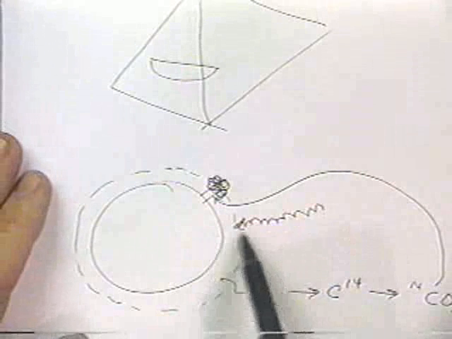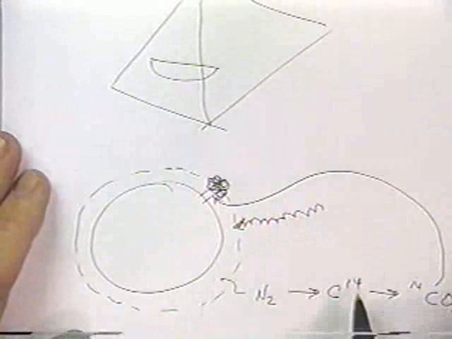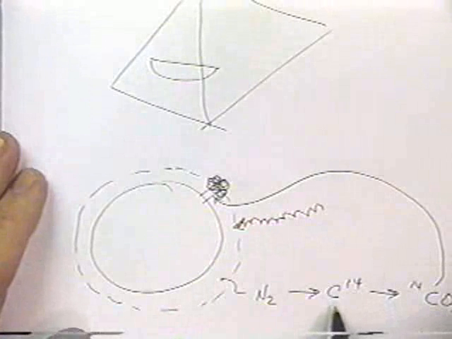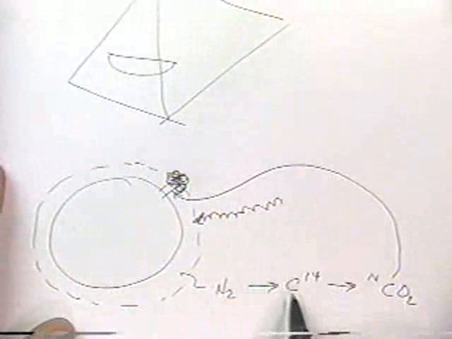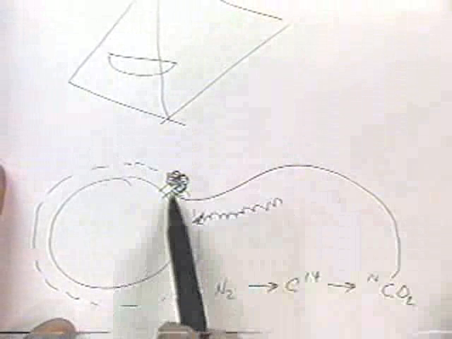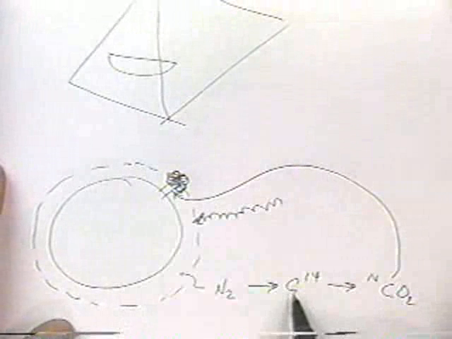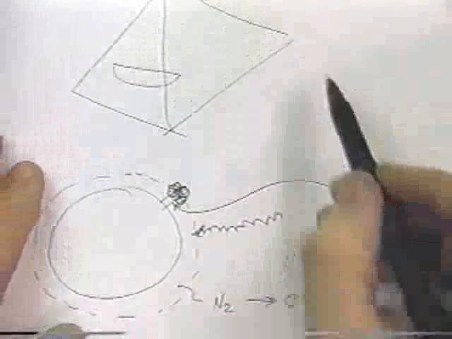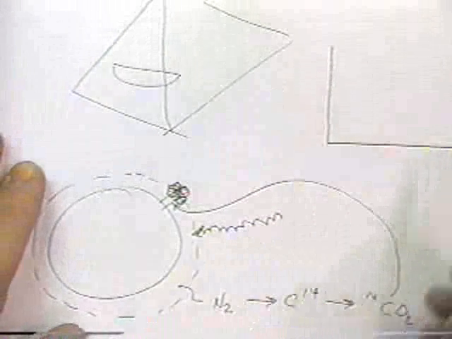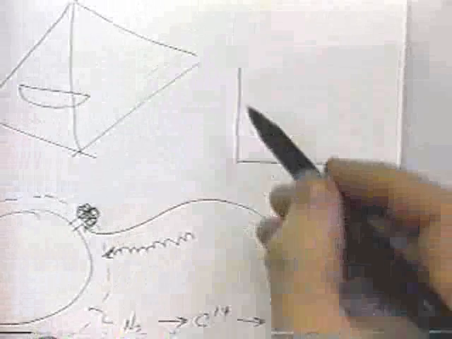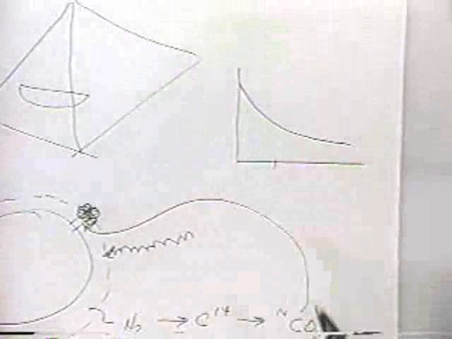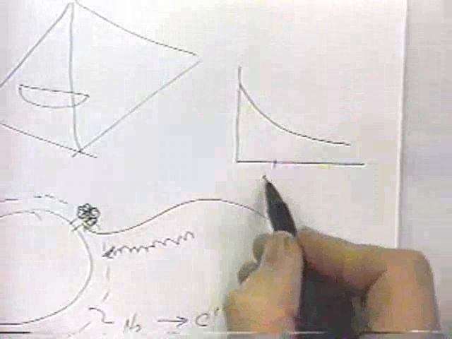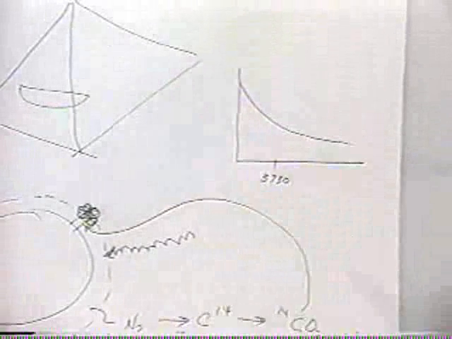So the idea is that this background radiation is relatively constant, and we're always producing some carbon-14 in the atmosphere, so there's going to be a certain percentage of the carbon in the wood that is carbon-14. So what happens is that once it gets incorporated into the wood, it immediately starts decaying, and in this case, the half-life is 5,730 years.